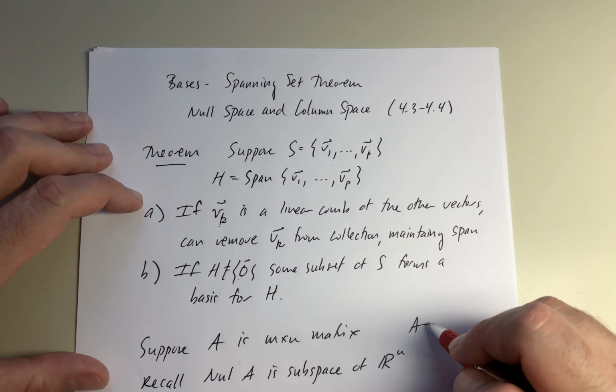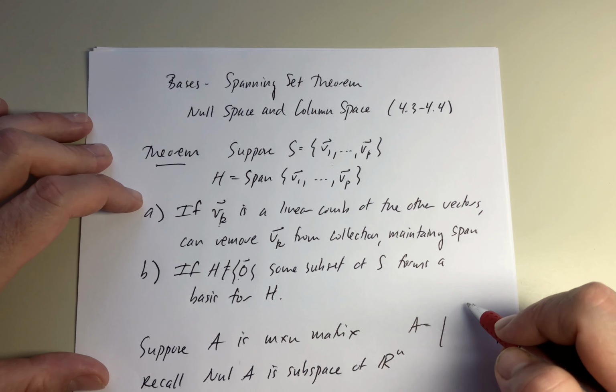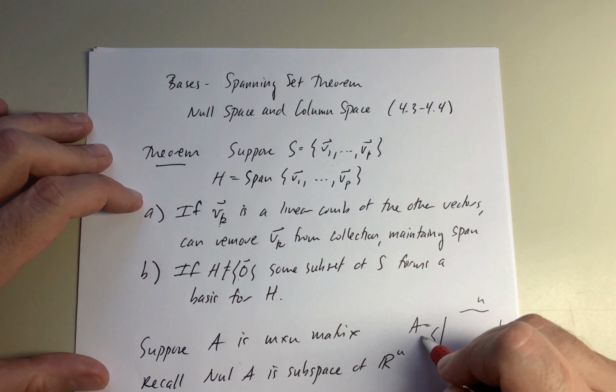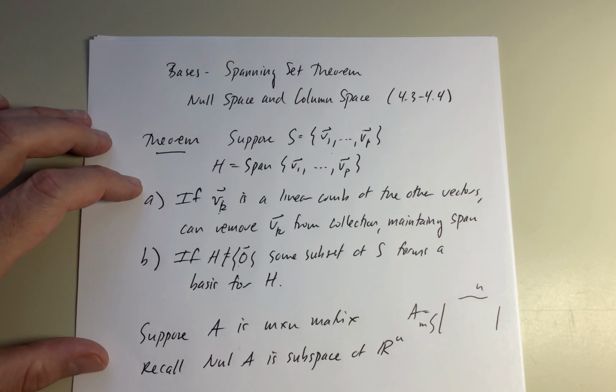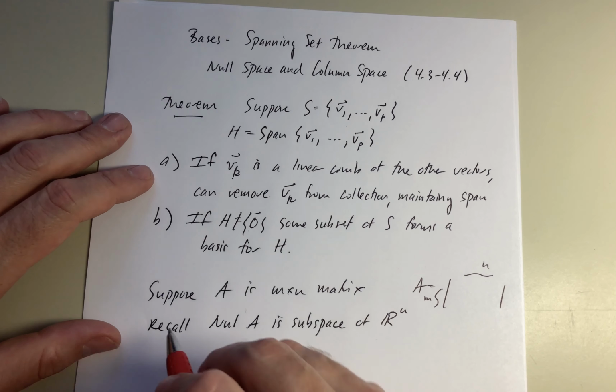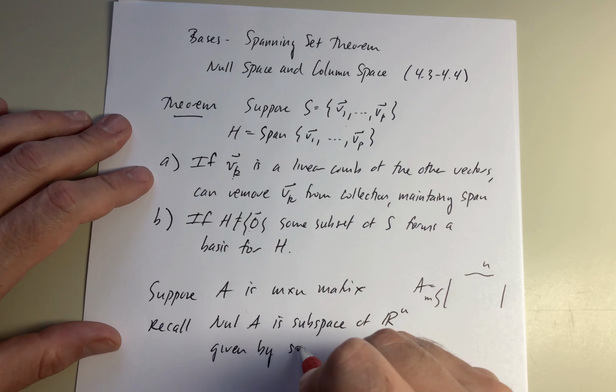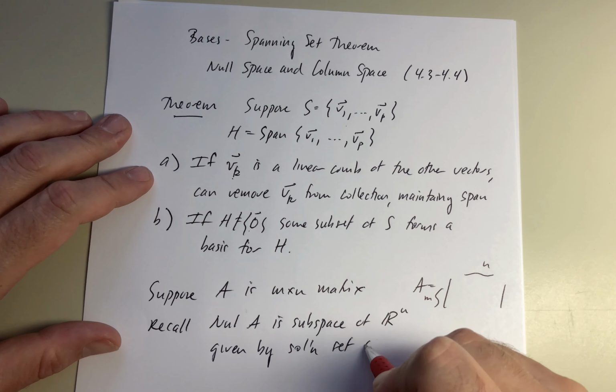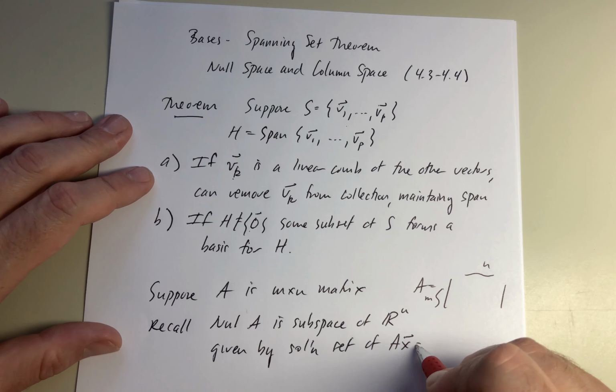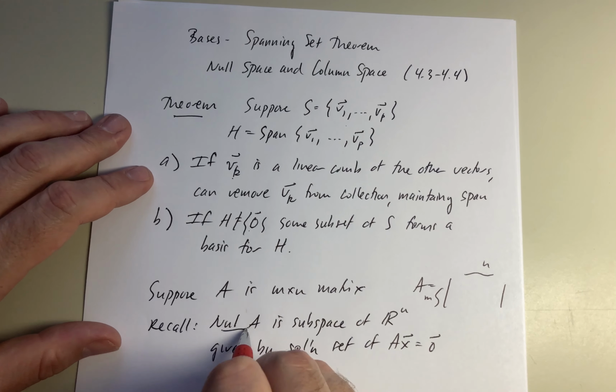Here's my matrix A. It has n columns and m rows. The null space of A is a subspace of Rn given by the solution set of the homogeneous equation Ax equals 0. So that was the null space.